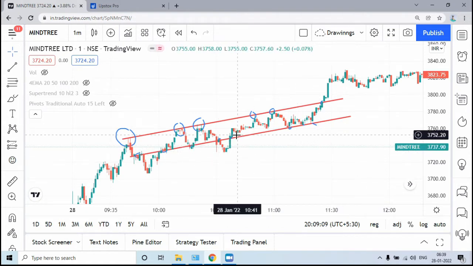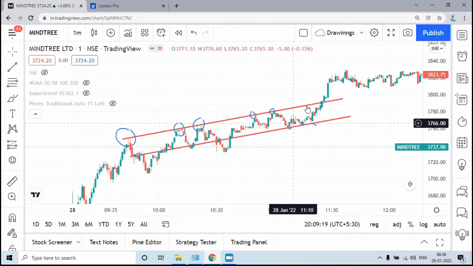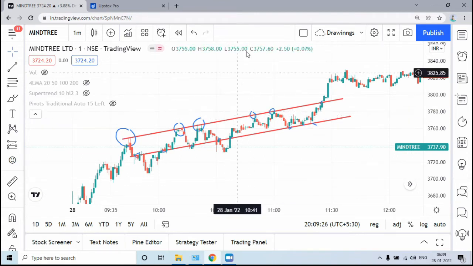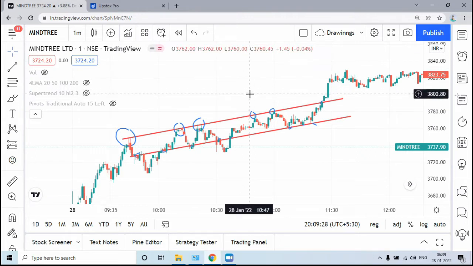So I want to take the trade in the direction of the market. So I am looking for an opportunity of a breakout. So whenever the price wants to break this channel and move up, I want to catch that point. I want to take the trade at that exact point.